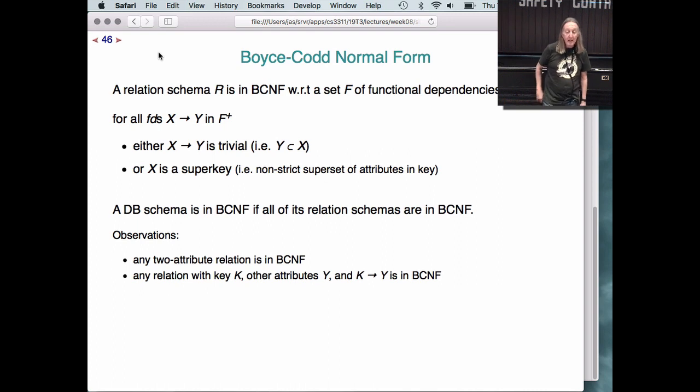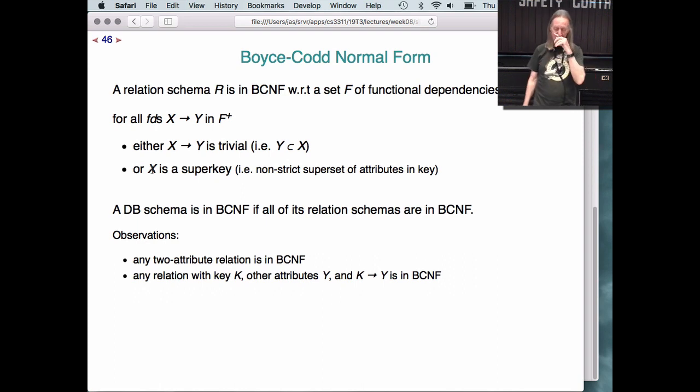Alright, so how do we define all these normal forms? Well, here's a description for Boyce-Codd normal form. A relation schema is in BCNF if, okay, here we're talking about a particular relation, so we look at all of the functional dependencies for that relation, and either the functional dependency is trivial, so X determines X, or XY determines X, something like that, or the left-hand side is a key for the table.